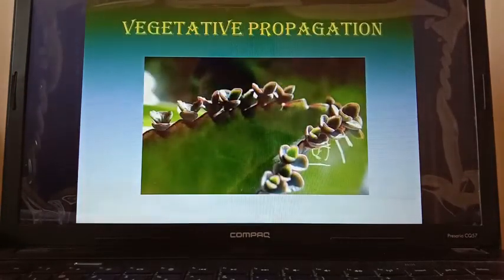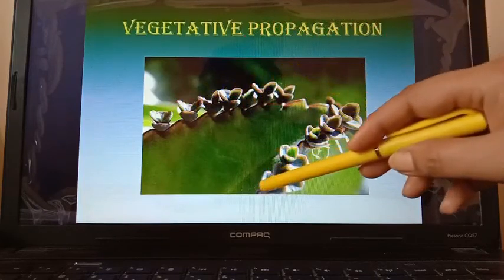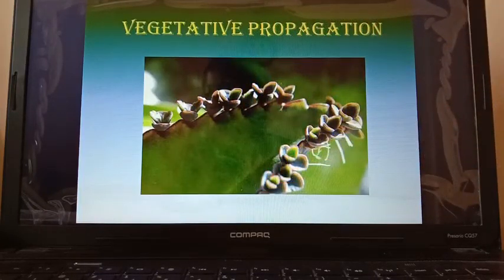You can see in this picture, buds are growing from the notches of the leaf margin. These are known as epiphyllous buds. So small buds are growing from the notches of the leaf margin. Now what does notches mean?